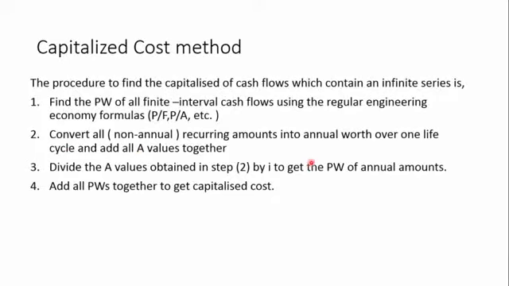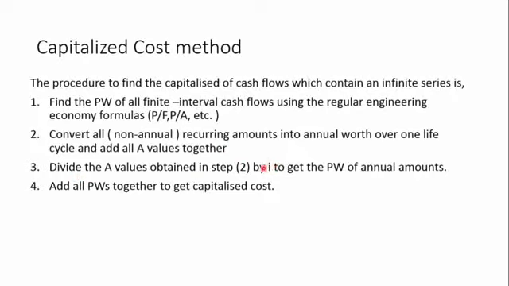At that time we have to convert all the non-annual recurring amounts into the annual worth factor. So how can we convert them? For that, the next step is to divide all the A values obtained in step number 2, that is, divide the converted values by the interest rate i.